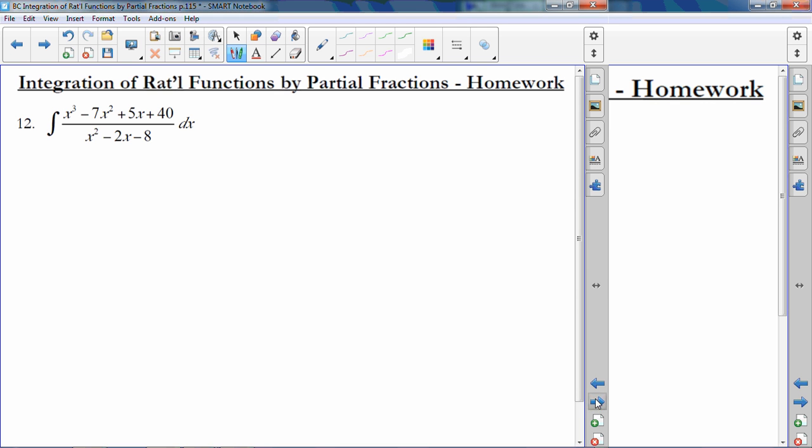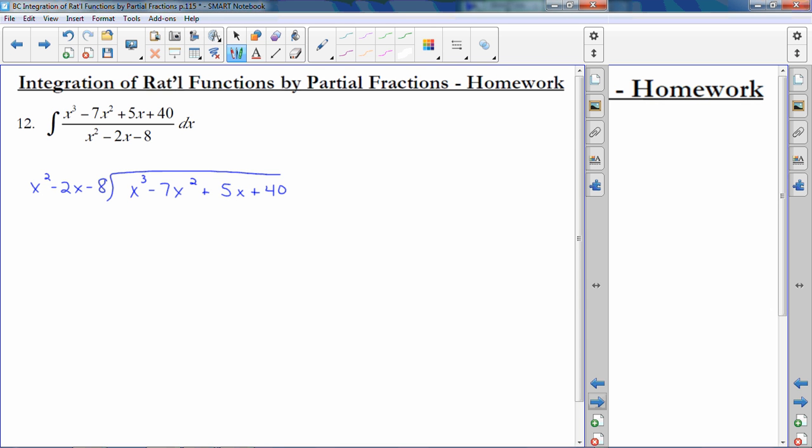So we're going to take x cubed minus 7x squared plus 5x plus 40, and we're going to divide that by x squared minus 2x minus 8. If you have any terms missing, for instance, if there were not an x squared term underneath the division bar, I would have actually put a 0x squared there, and that's to have it as a placekeeper.